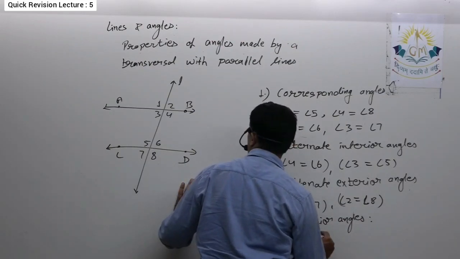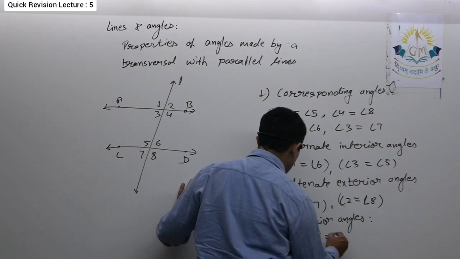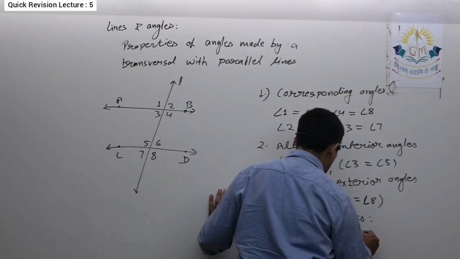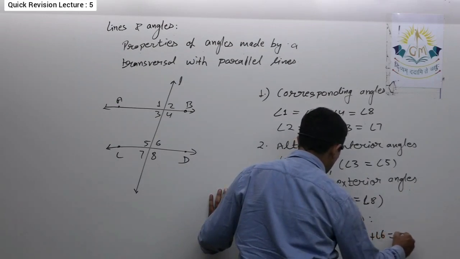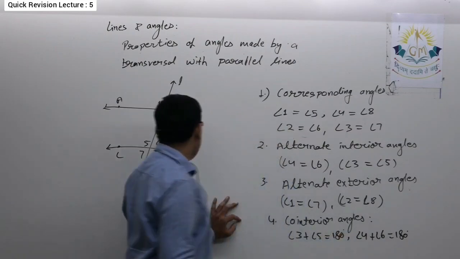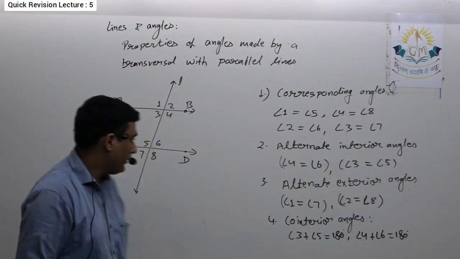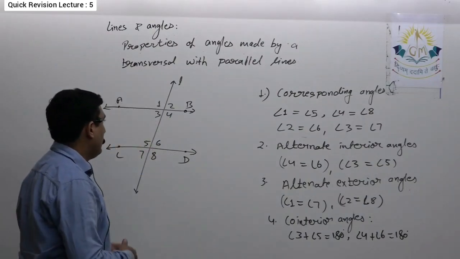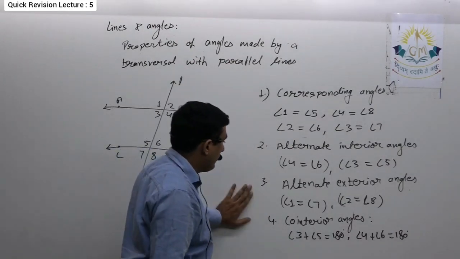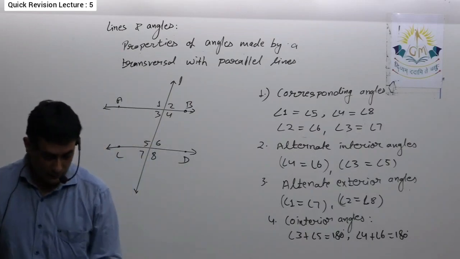That means angle 3 plus angle 5 is equal to 180, and angle 4 plus angle 6 is equal to 180. So these are the relations between the corresponding angles, alternate angles, and the co-interior angles.